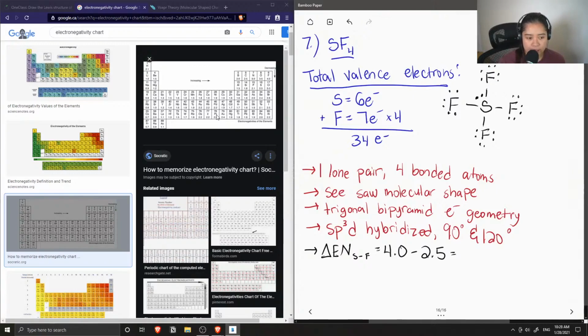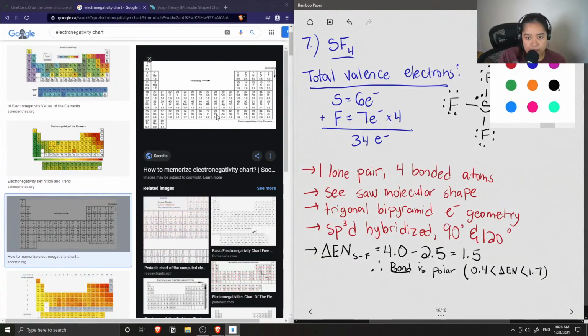So the difference in electronegativity is 1.5. Therefore, we can say that the bond is polar, and this is because our electronegativity difference is greater than 0.4 but less than 1.7. That's another way we can tell if a bond is polar or nonpolar.